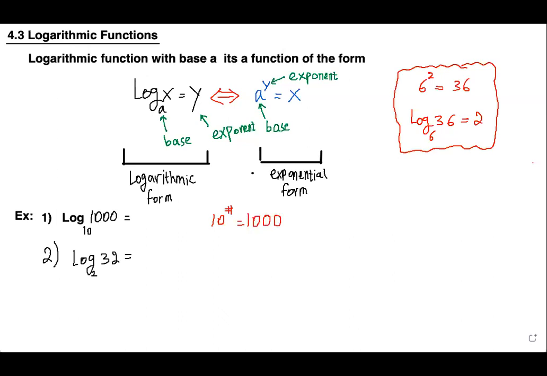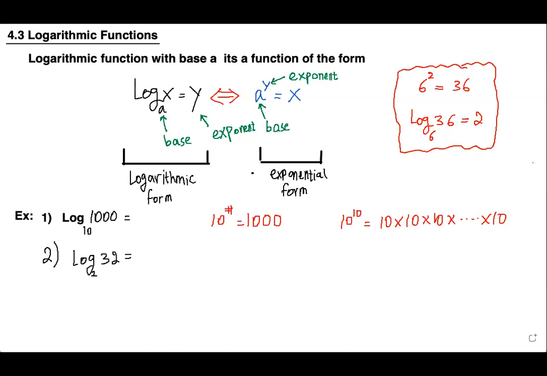Eric said 10. Let's check what Eric said. 10 to the power 10 actually equals 10 times 10 times 10, 10 times, and this will not give me 1,000.